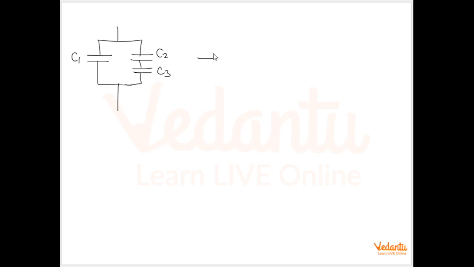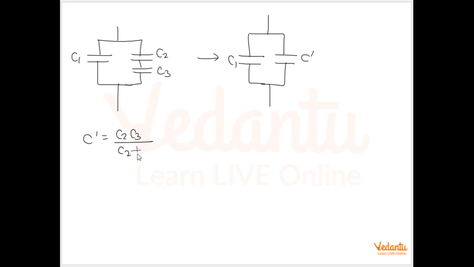Here beta C2 and C3 are in series, so they will just become something like C dash, where C dash is equal to C2 C3 upon C2 plus C3. If you do the calculation beta, it will come out as K2 K3 upon K2 plus K3 multiplied by A epsilon naught by D.